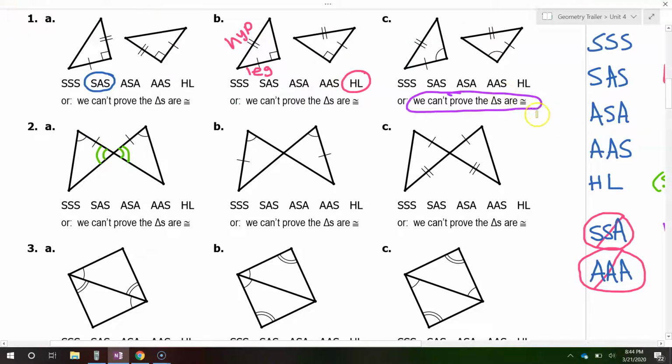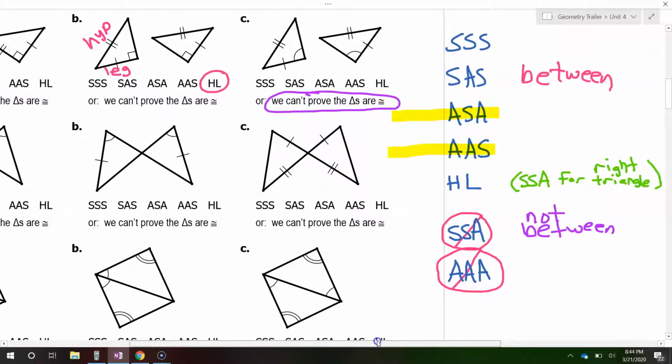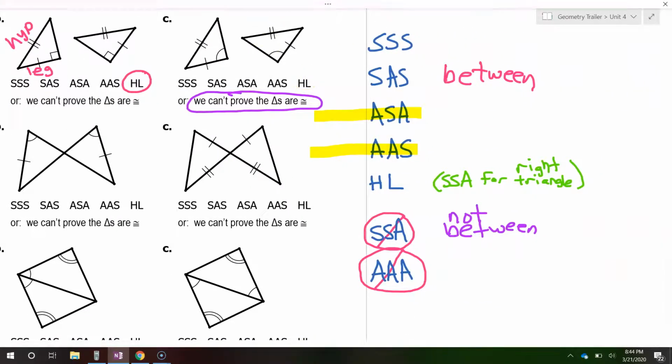Okay, so I have two angles and a side. That means it's either going to be this one or this one. Both of these involve two angles and a side. So, again, it's going to come down to between and not between. See how the S is between the two A's?